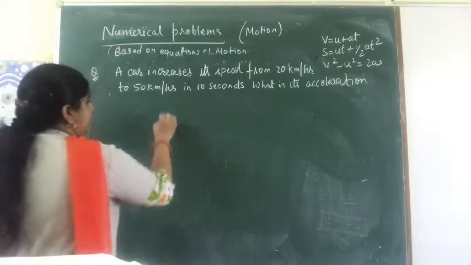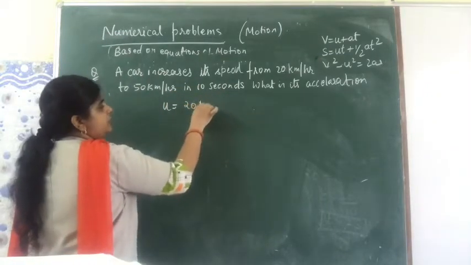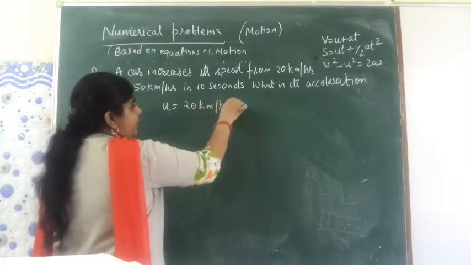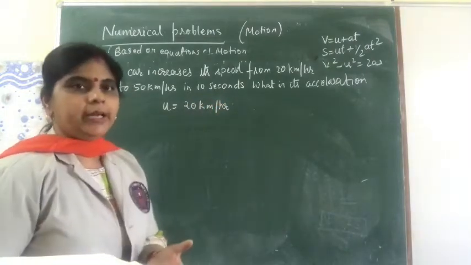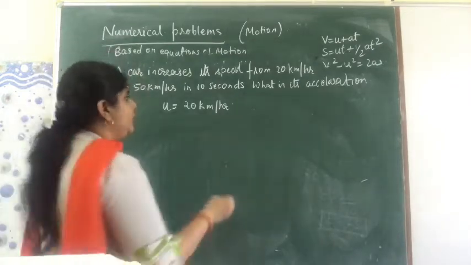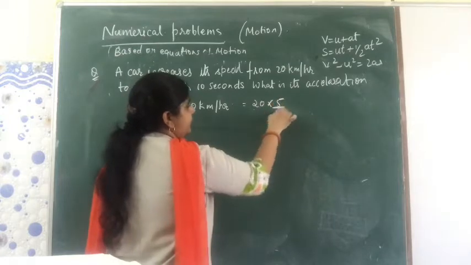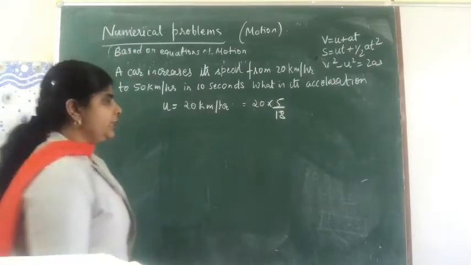Now look here, it's very simple. The initial speed is given as 20 km per hour. You know how to convert kilometer per hour into meter per second. The conversion factor is 5 upon 18. How does it come?